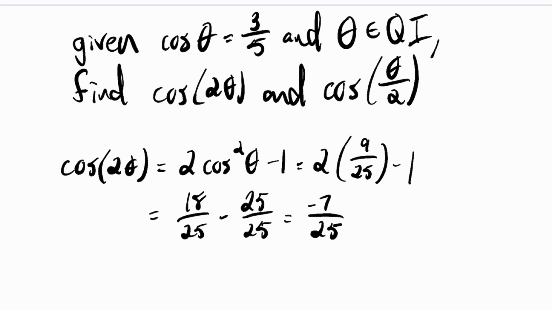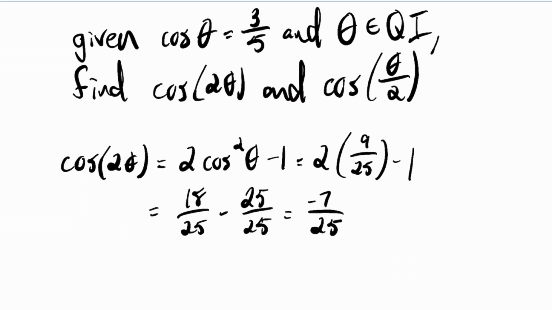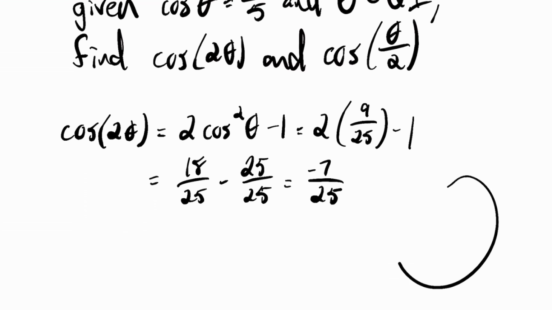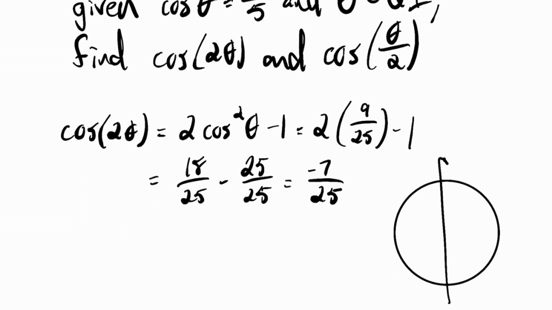Okay, so presumably this would mean we're in quadrant 2, right? Because it really could be 2 or 3. But if you think about it, if I draw a quick unit circle here, and these are not perfect, but we'll call them close enough.